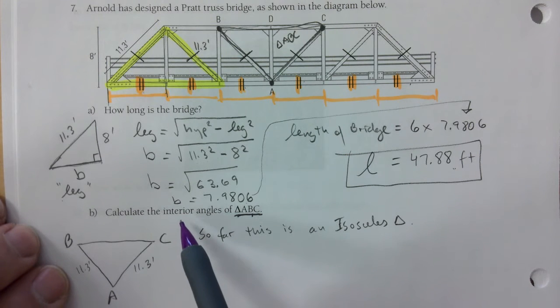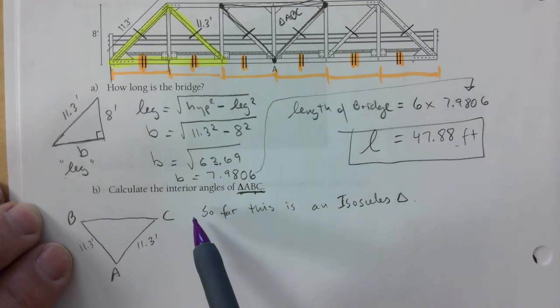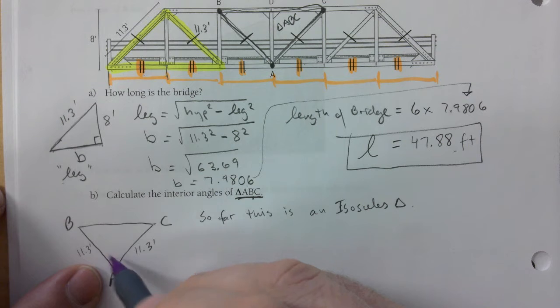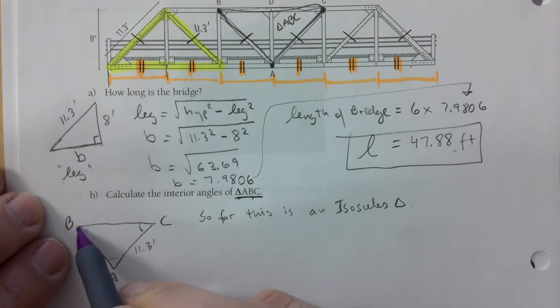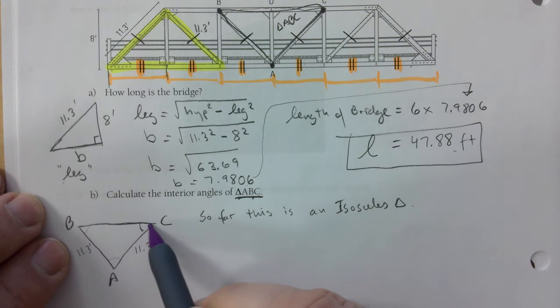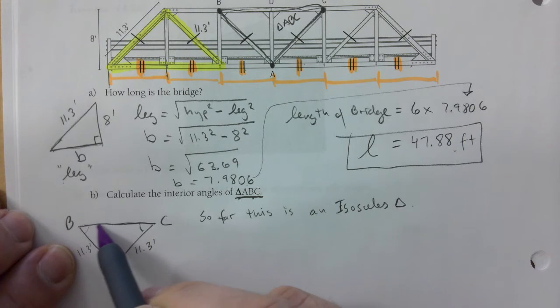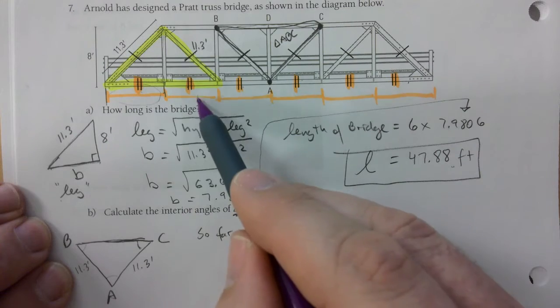They want us to calculate the interior angles of this thing. Okay, so these three are interior angles. What do we know about this length here? Because I want to try to use cosine law, by the way. We know that this length here is a section plus another section, right?